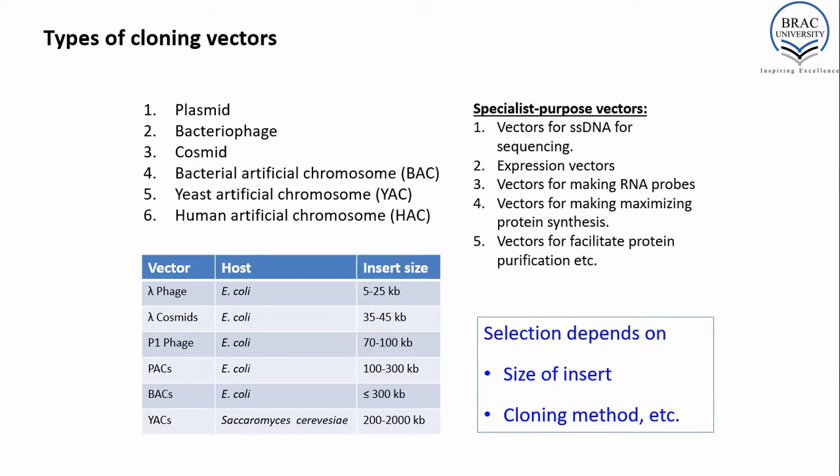Cloning vectors like plasmids, bacteriophages, bacterial artificial chromosomes or BAC, yeast artificial chromosomes or YAC, or human artificial chromosomes are used. There are some other specialist purpose vectors like expression vectors or shuttle vectors, which are very important for the biotechnological industry.